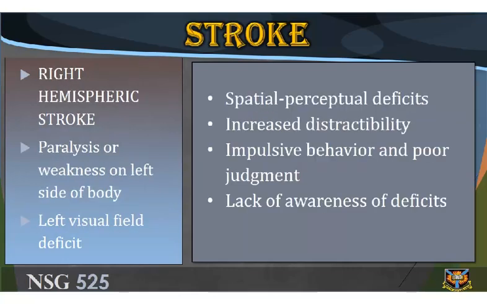Right hemispheric stroke: paralysis or weakness on left side of the body, left visual field deficit, spatial perceptual deficit, increased distractibility, impulsive behavior and poor judgment, lack of awareness of deficits.